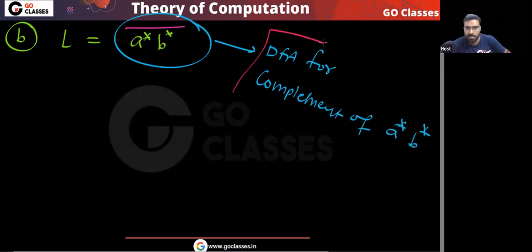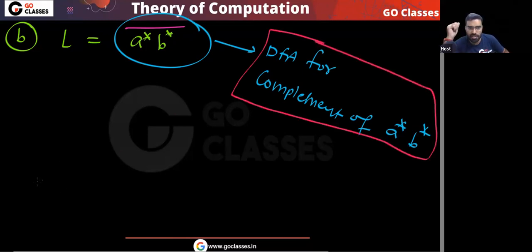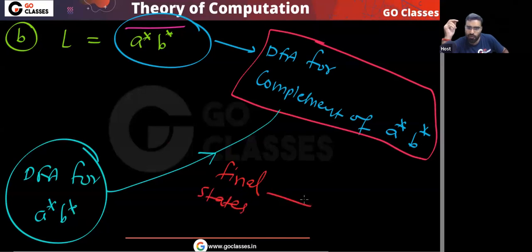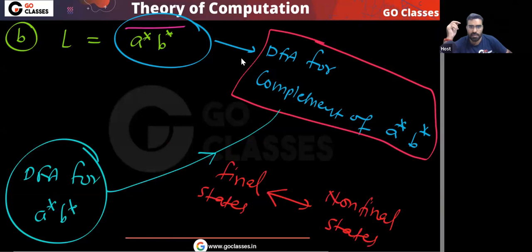I can take the DFA for a* b*, and then I can complement the states. All the final states I will make non-final, and all the non-final states I will make final. So very simple. This is the idea. Yes or no? Agree with me?